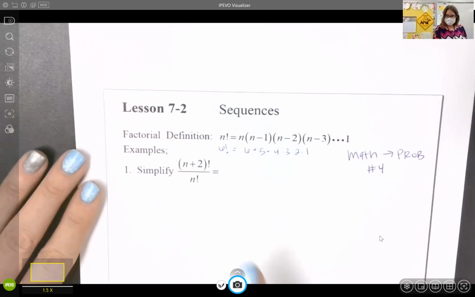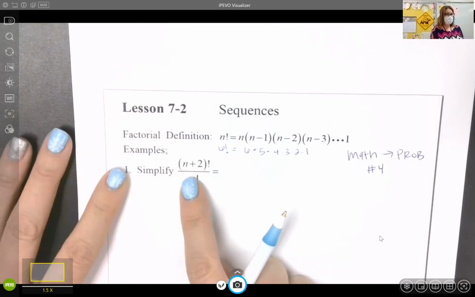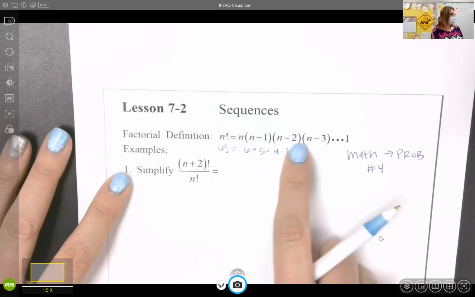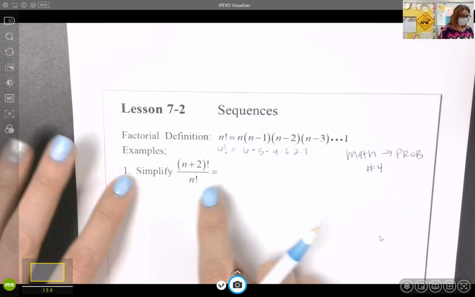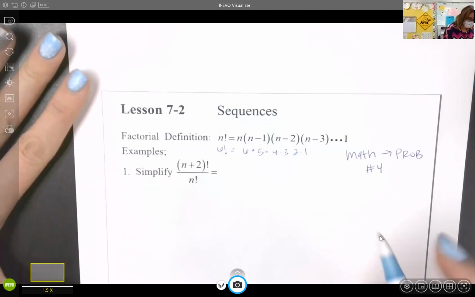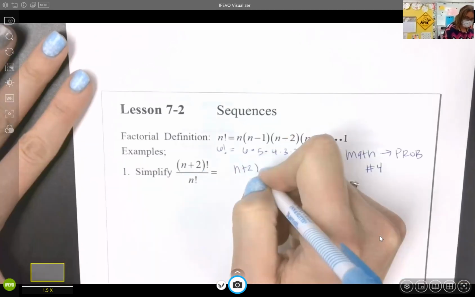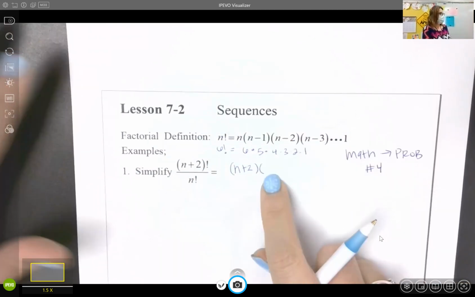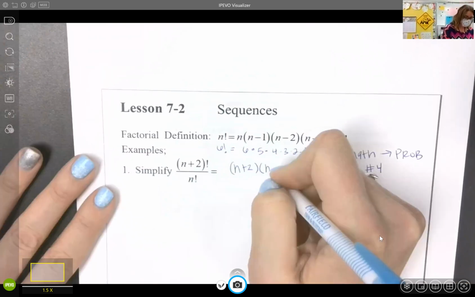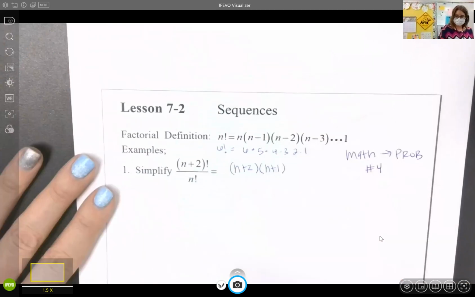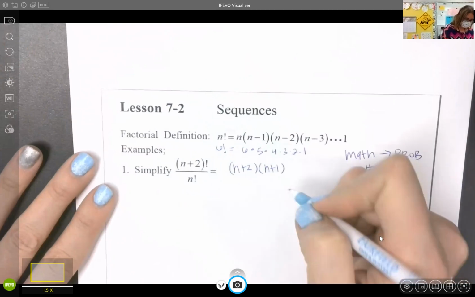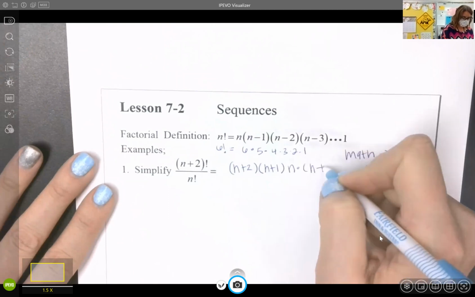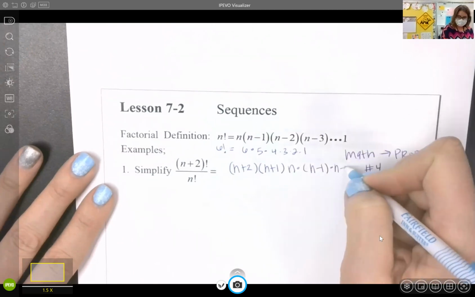Okay, but this one, we're gonna simplify a factorial divided by another factorial by writing it out in terms of n, okay? So if I have n plus 2 factorial, I'm going to start with an n plus 2, okay? And then what is my next term going to be? n plus 1, perfect, because remember we subtract 1, and then the next one, and then the next one. Okay.